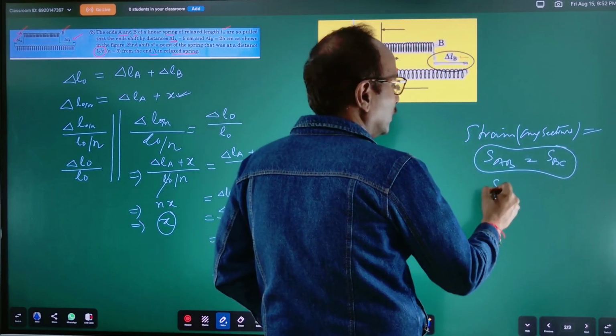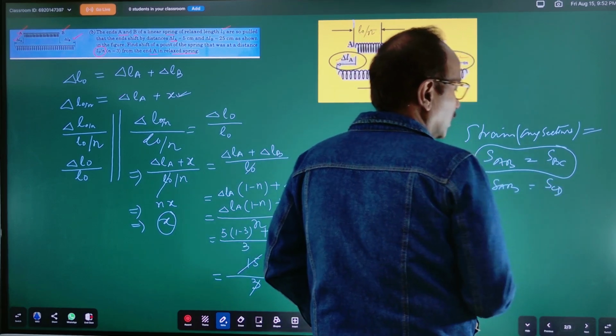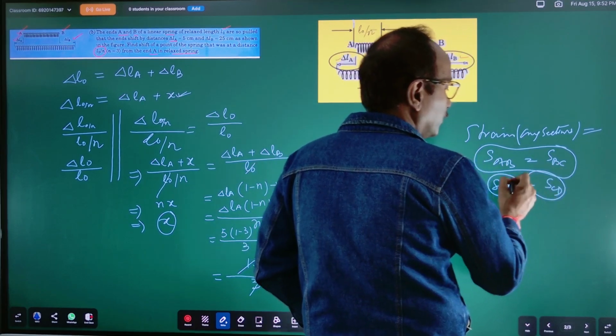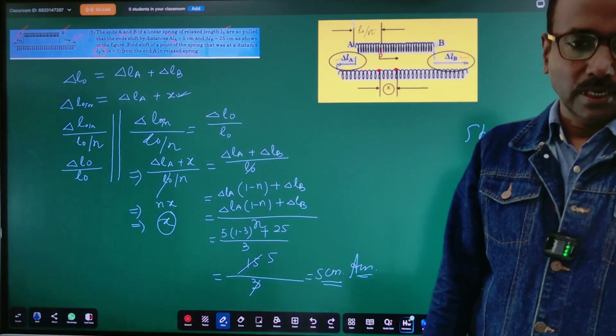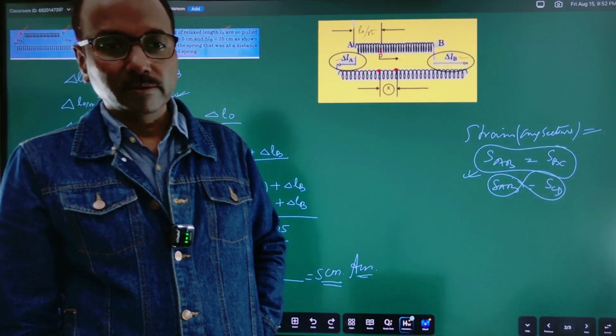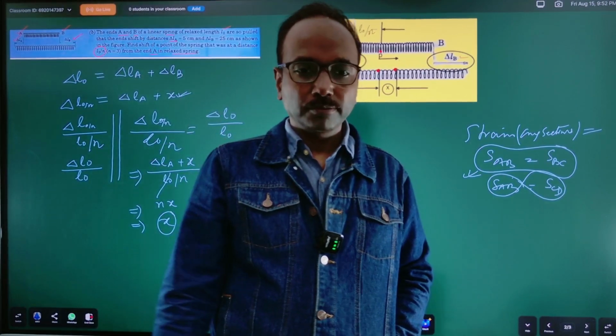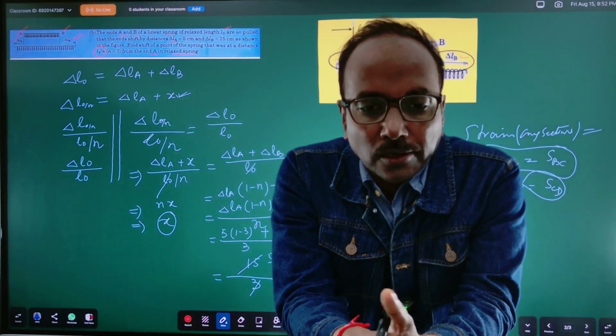If you take AB and you take section CD, that strain will be equal. So this is the core of the concept in solving this question. Hopefully you understood it. Doubts can be clarified.